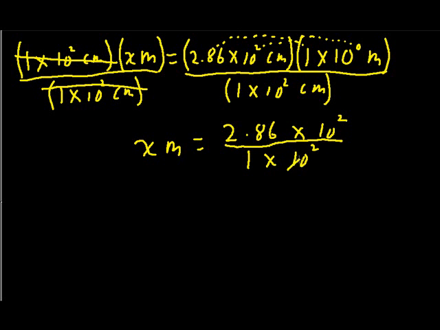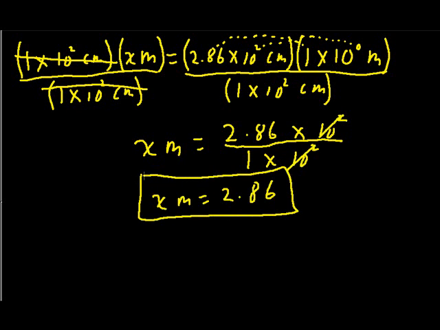Notice our 10 to the seconds cancel, and now you get x meters equals 2.86. Voila. Clearly a longhand method, but it does allow us to work through this unit conversion.